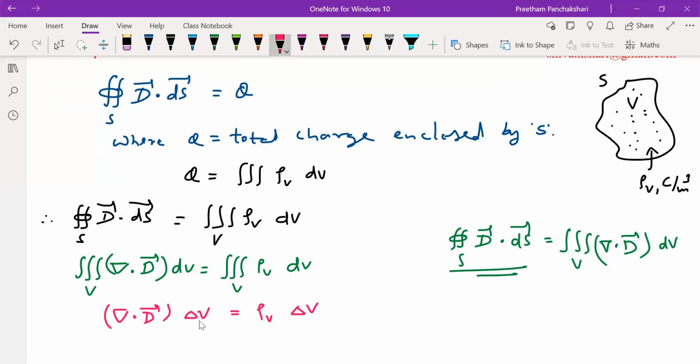If this volume considered is same for both the sides of the equation, then delta V can be cancelled on both sides.